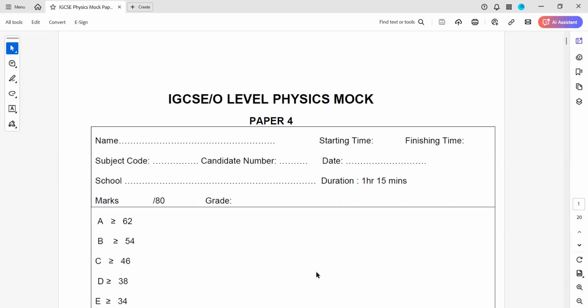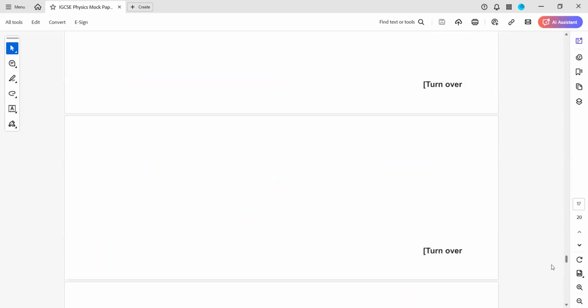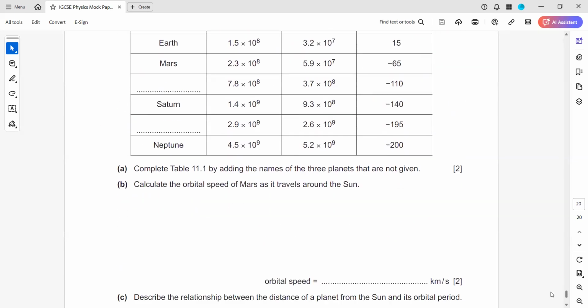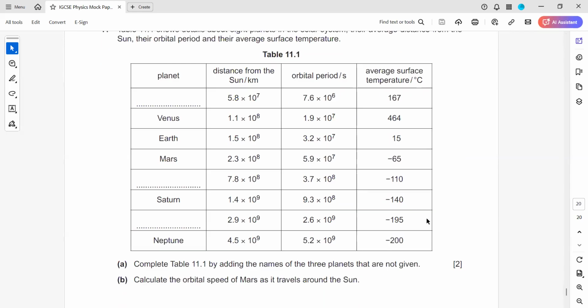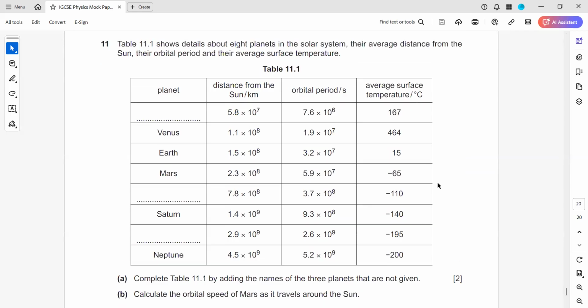Do we need to memorize this table? No, you don't have to memorize this table. If any question is related to a table, they will provide it and ask you to interpret it. So you don't have to memorize anything here. The order, yes, you have to memorize, but not the table or the numbers.